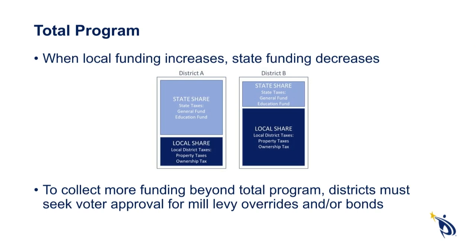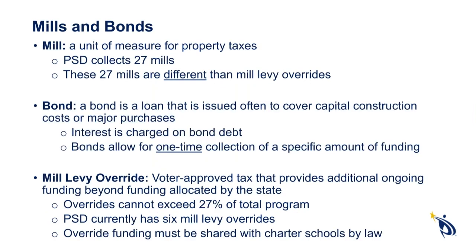And the water glass is defined by that number of students times the base funding plus the factors. But neither source, local or state, defines what the top of the glass is. It just defines how the glass is filled up. So to collect more funding beyond this total program, districts do need to go out for voter approval for overrides and bonds. That's the mechanism that the state has allowed and authorized us to use.